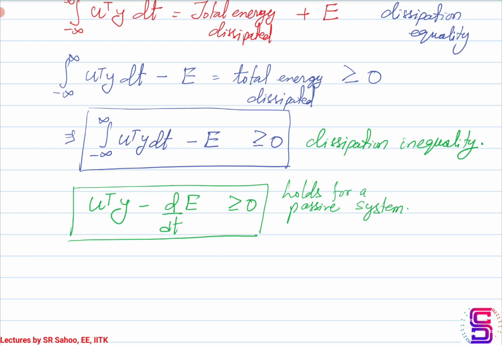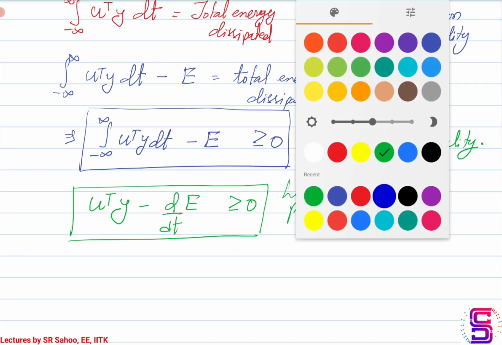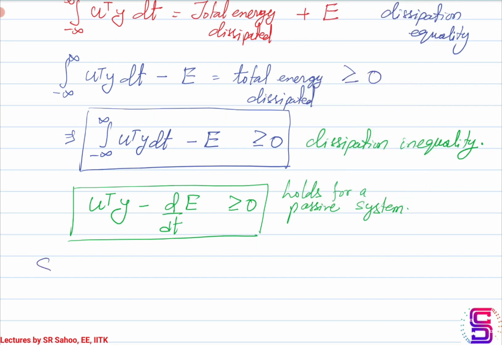This is indicating that over the entire period of time, in terms of power, the supply power will always be greater than or equal to the rate of change of stored energy.